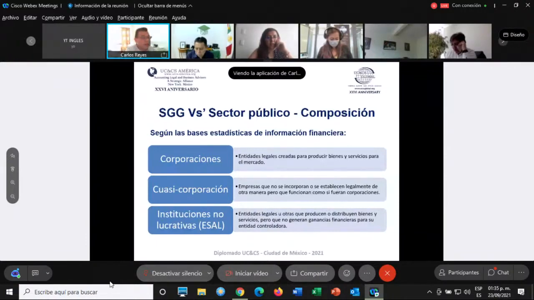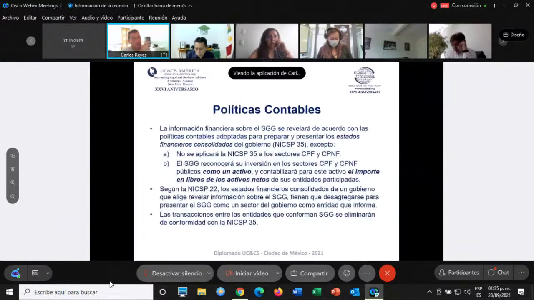Accounting policies then. The financial information on the government sector is going to be disclosed according to reported guidelines according to the NICSP 35, and it is like this.